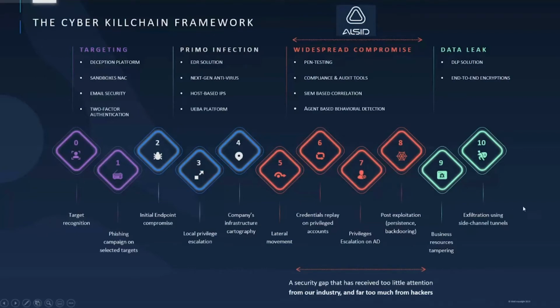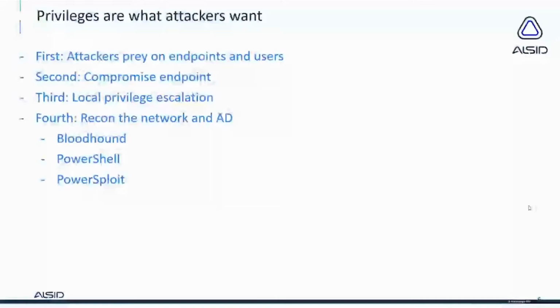And it's my opinion that we need to take a more proactive approach at this level. Now, if we break down the cyber kill chain into a list, you'll notice that first, the attackers go after the endpoints, the lowest hanging fruit. They're going to compromise the endpoint, and then they want to get local privileges.